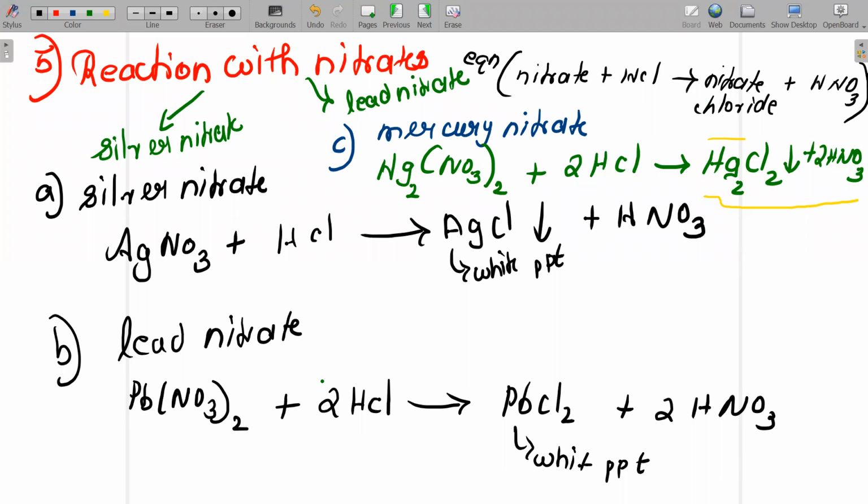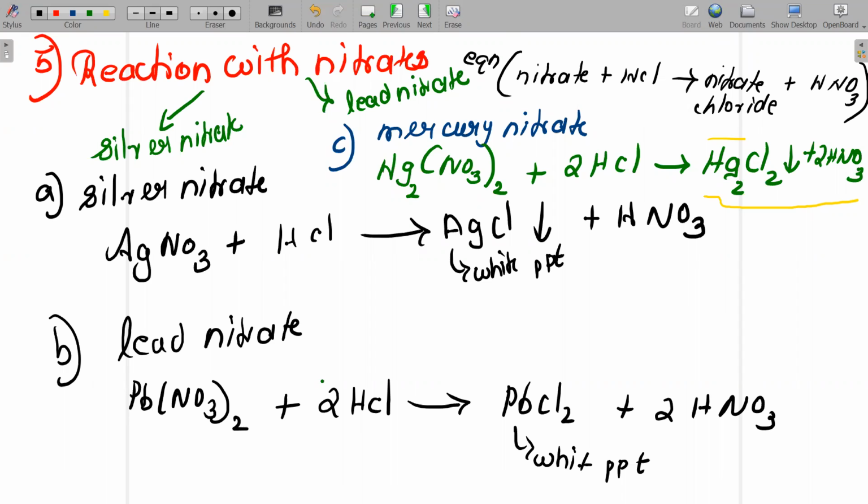So children, I'm going to introduce a small trick to remember the reaction of HCl with nitrate. In all three cases, with silver nitrate, lead nitrate, or mercury nitrate, you get the chloride of that particular nitrate plus HNO3. Understood?